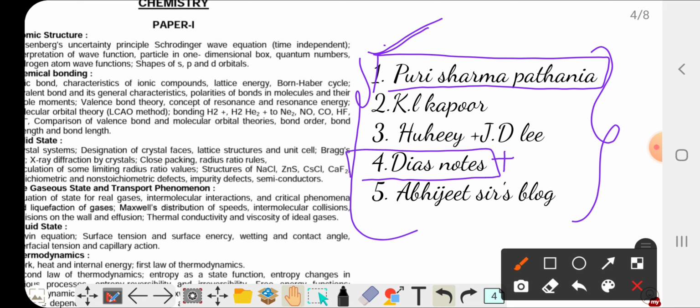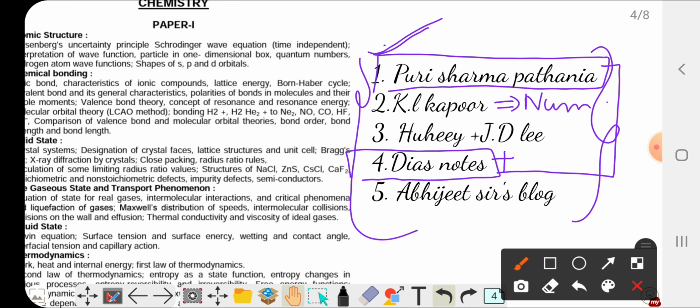After completing these resources and making my own notes, I will be referring to KL Kapoor only for numericals. We will not be reading the topics, as we have made our notes from Puri Sharma Pathania and Dias notes.